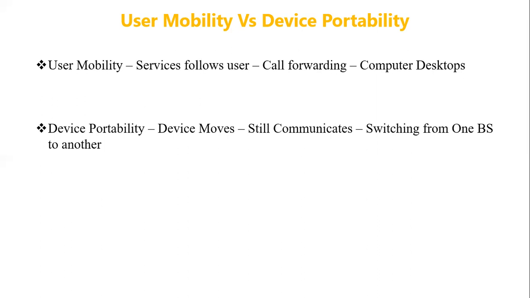So this is the difference between user mobility and device portability. With user mobility, the user moves and the service follows him. And with device portability, the device moves and it adapts to the environment, and whatever network is available, it connects to that environment, and it continues to provide whatever service it is supposed to provide.